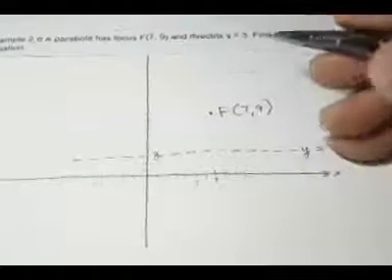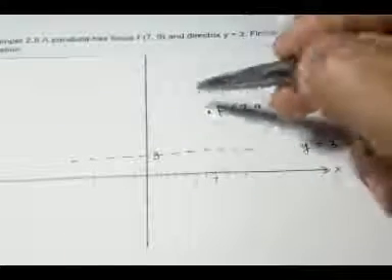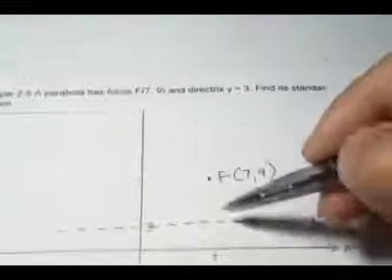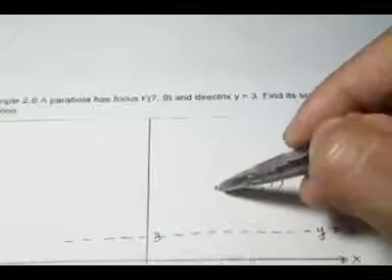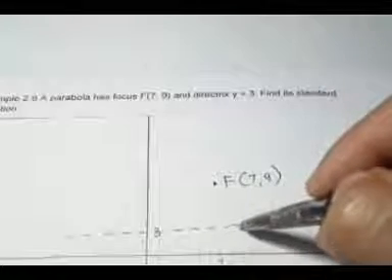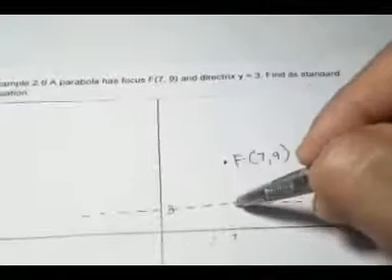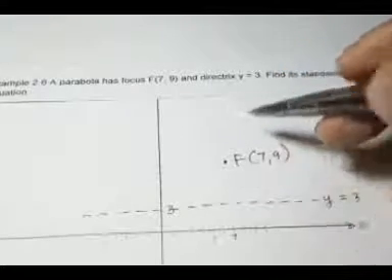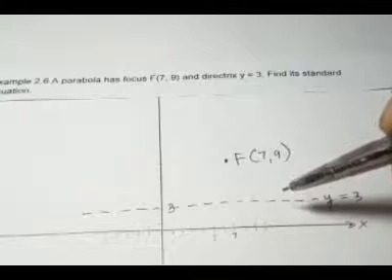This is our directrix, and our focus is (7, 9). Take note that the directrix and the focus are both equidistant from the vertex. So this is okay.